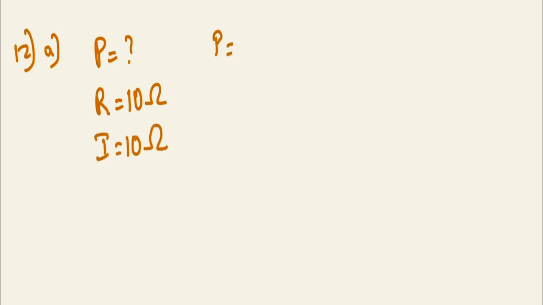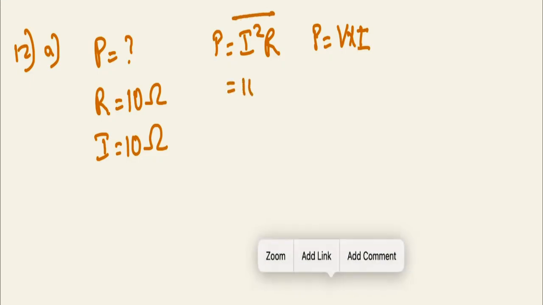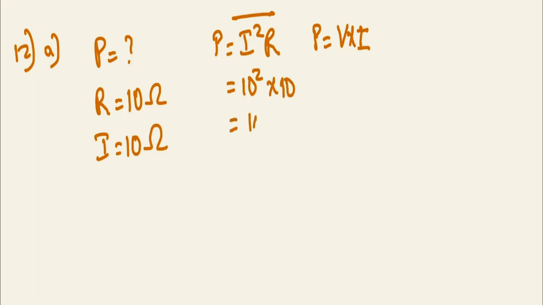We need to find power. So power formula is P is equals to I square R. You can also write this formula as P is equals to V into I. Since we have I and R, we can take this formula directly, and now when we substitute, I is 10 square and then R is 10. So we will get 10 cube. We can write it as 1000 watt or 1 kilowatt.